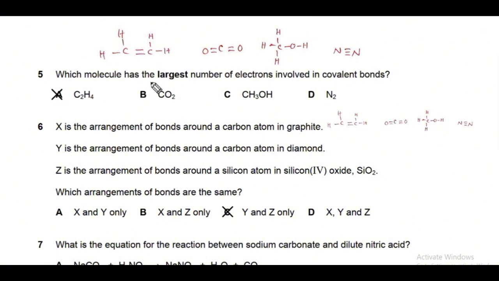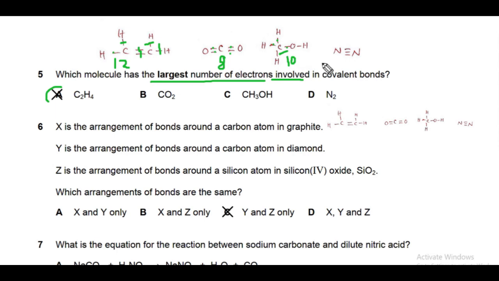For the largest number of electrons involved in covalent bonds, the answer is ethene. Counting 1 2 3 4 5 6 bonds, that means 12 electrons are involved. Here 1 2 3 4 bonds, 8 electrons. Here 1 2 3 4 5 bonds, 10 electrons.